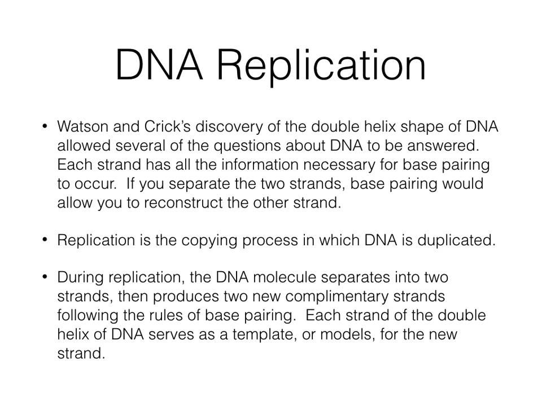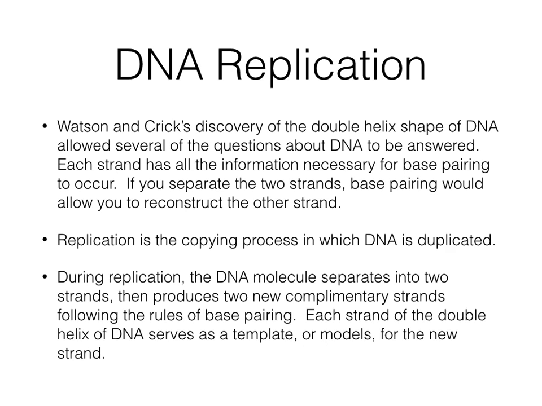Now, DNA replication here. Watson and Crick's discovery of the double helix shape of DNA allowed several of the questions about DNA to be answered. Each strand has all the information necessary for base pairing to occur. If you separate the two strands, base pairing would allow you to reconstruct the other. So replication is the copying process in which DNA is duplicated.